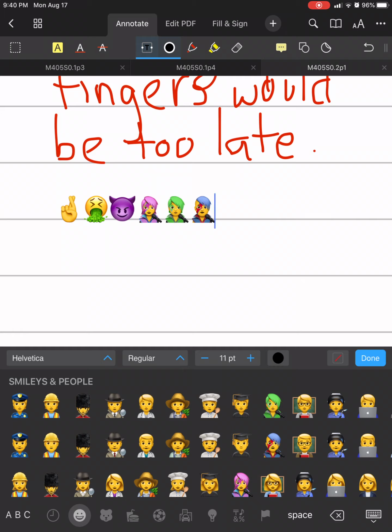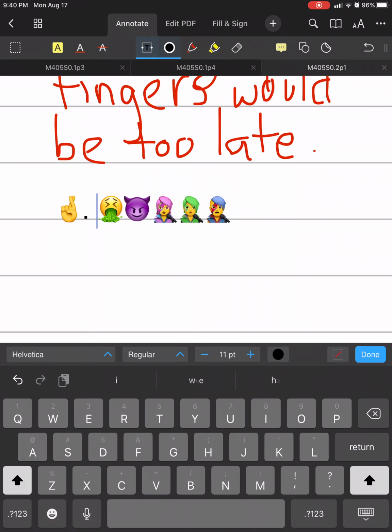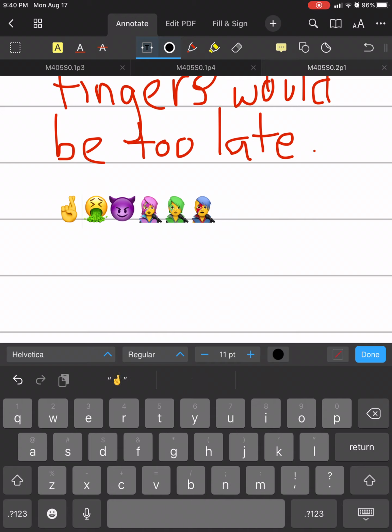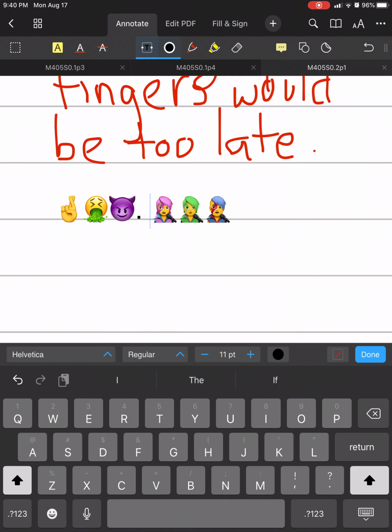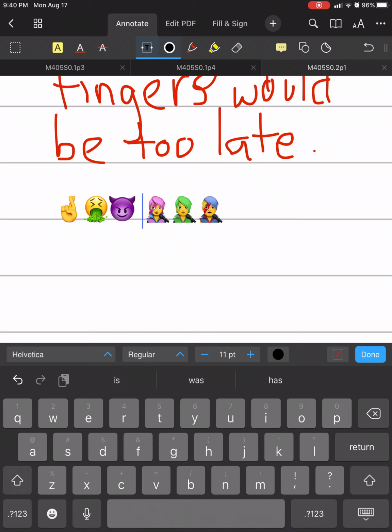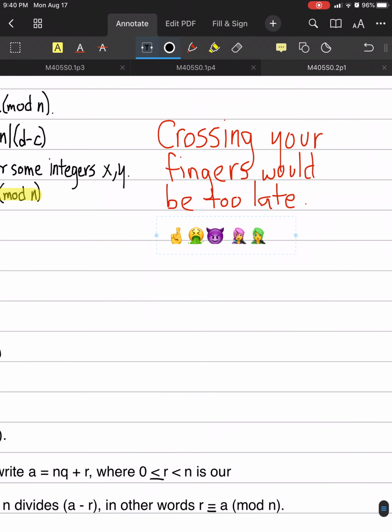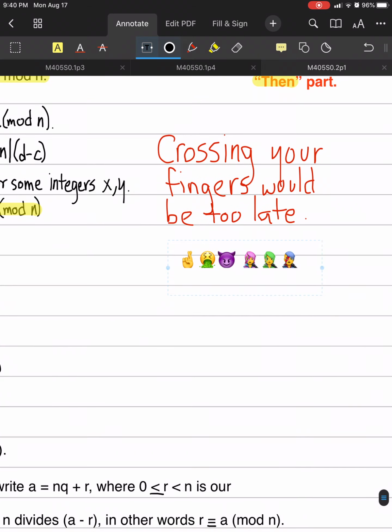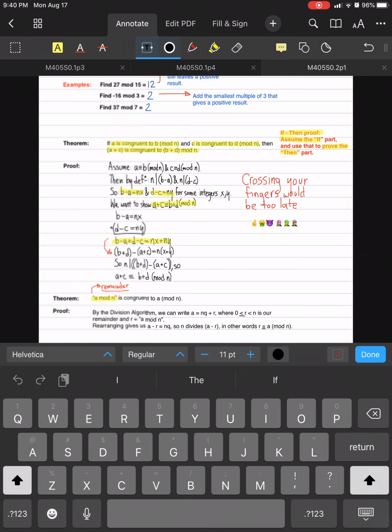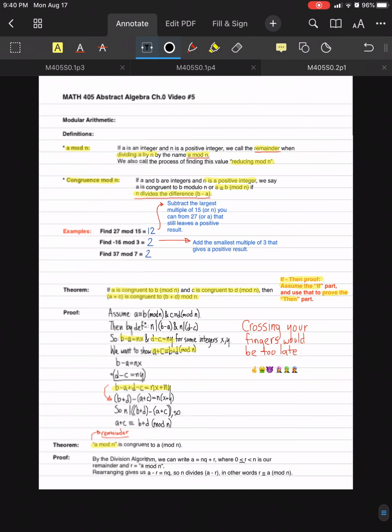There we go. All right. So hopefully you all can follow that. It's pretty clear what I'm trying to say there. I don't want to punctuate that. All right, there you go. So remember that it's a lot easier to do emojis than draw.